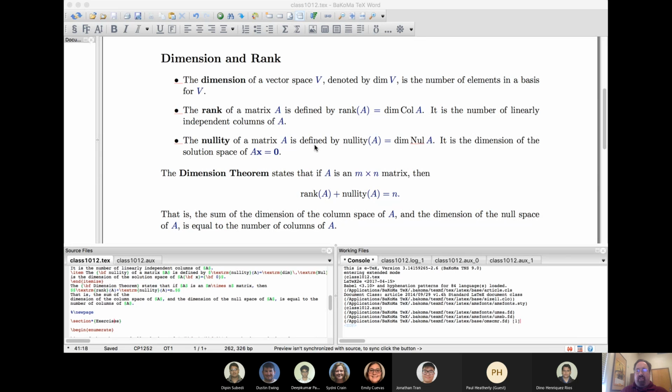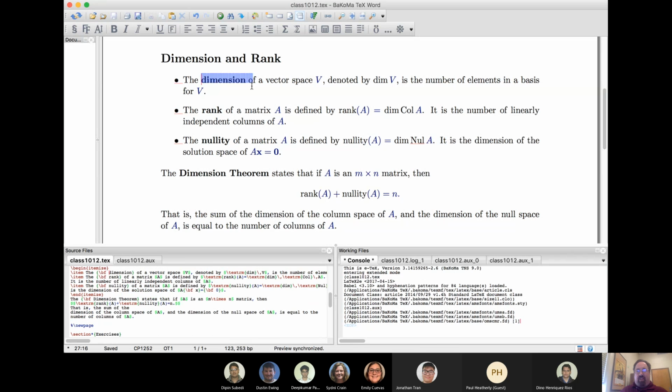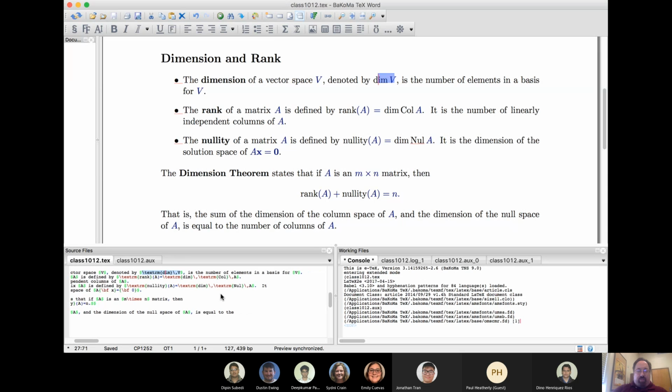Every basis you can come up with for a vector space has the same number of elements. So for Rn, the vector space we normally deal with, any basis for Rn has n elements. We define the dimension of any vector space V, referred to as dim of V, as the number of elements in a basis, since it's always the same no matter what the basis is.